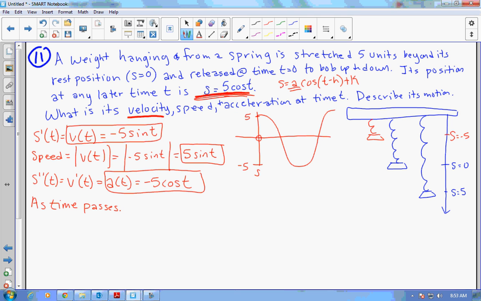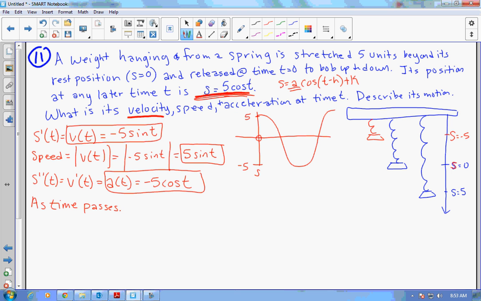So as time passes, it moves up and down between negative 5 and positive 5 on the S-axis. Do you know why we're calling it the S-axis? Position. And we're also dealing with a spring, which is convenient.